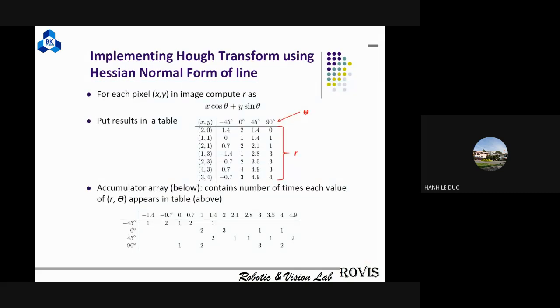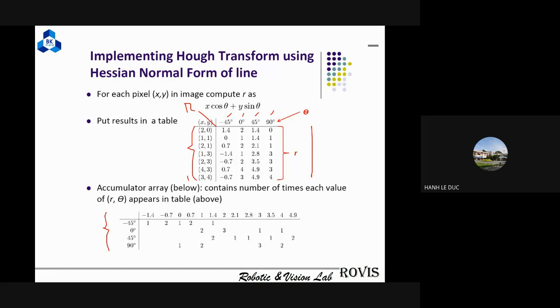First, list all the possible coordinates in the image. List all, and then give the theta here, and then calculate the R here. And then you have a table like this one. After that, you have another table.